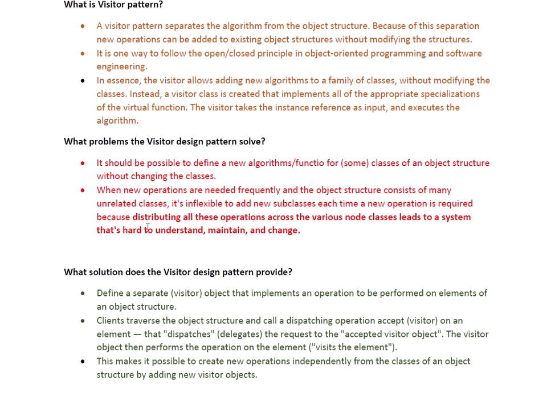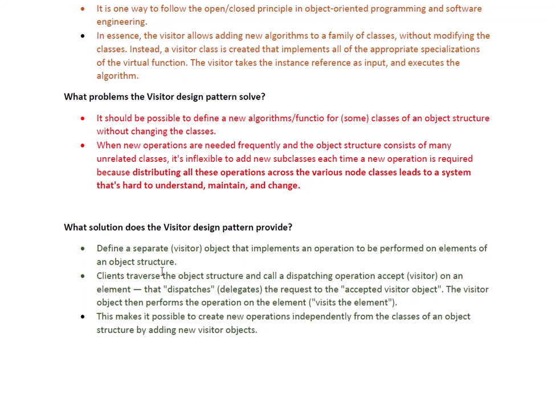That's why they mention it's inflexible to add new subclasses each time a new operation is required, because distributing all these operations across various node classes leads to a system that's hard to understand, maintain, and change. This is the problem for which the visitor design pattern provides a solution.